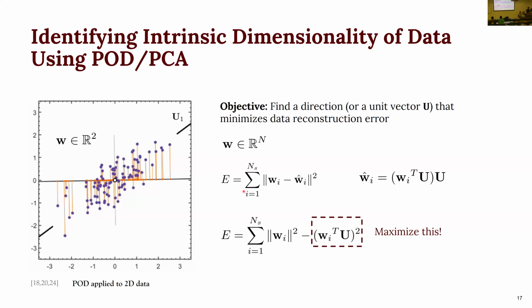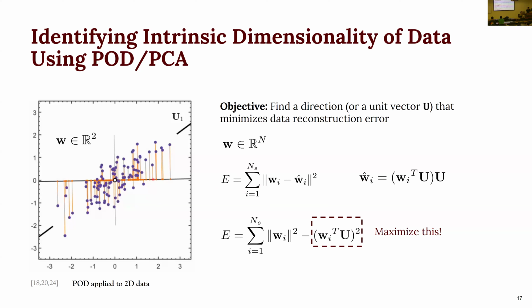So let's try to look at this picture. Here these purple dots represent Wi, and say we have chosen this horizontal line as our U vector. Now in that case, what is our Wi hat? It's basically a vector from this origin.